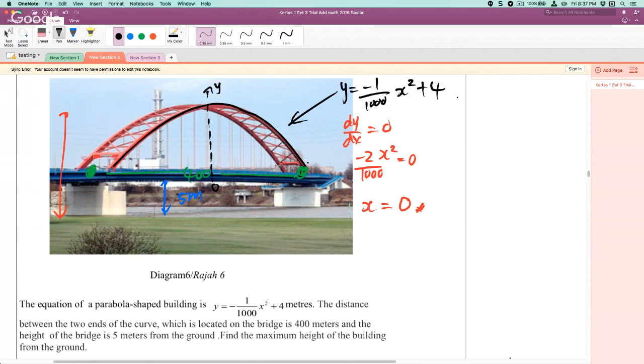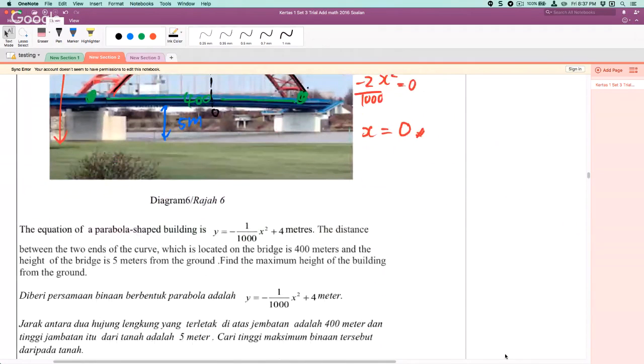In order to get my x-axis, I will sketch it out to give you a better idea. So we have a curve looking like this. This curve is the bridge here, the iron or something like that.